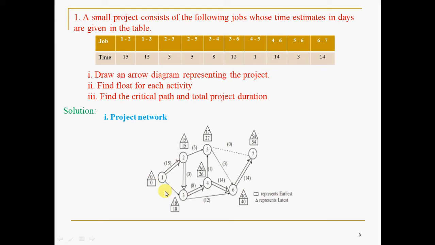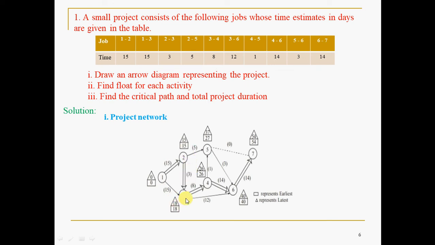Whereas if you come through 2, you forget about this. This is 15, the most recent predecessor you have to take. 15 plus 3. How much is it? 18. Whichever is higher, that you have to fill here. So when there are 2 paths, 0 plus 15 is 15, 15 plus 3 is 18. Whichever is higher.